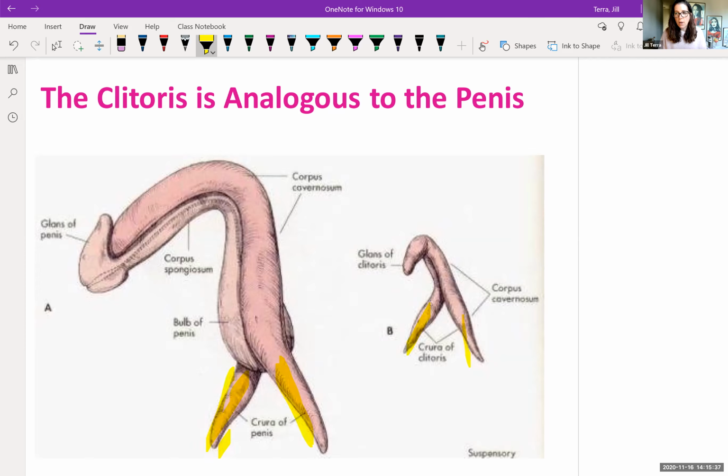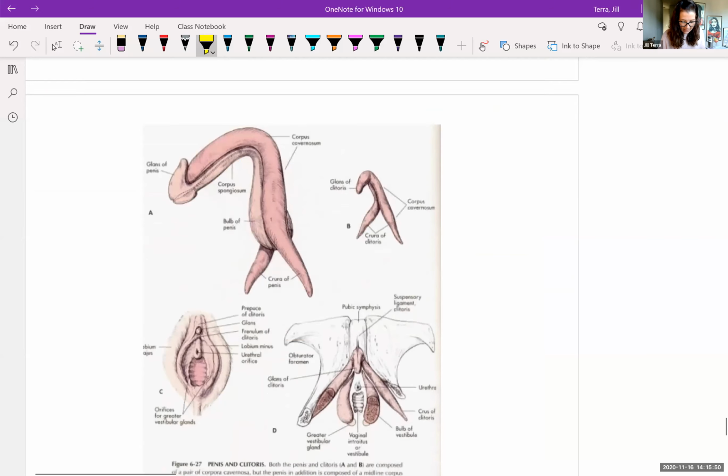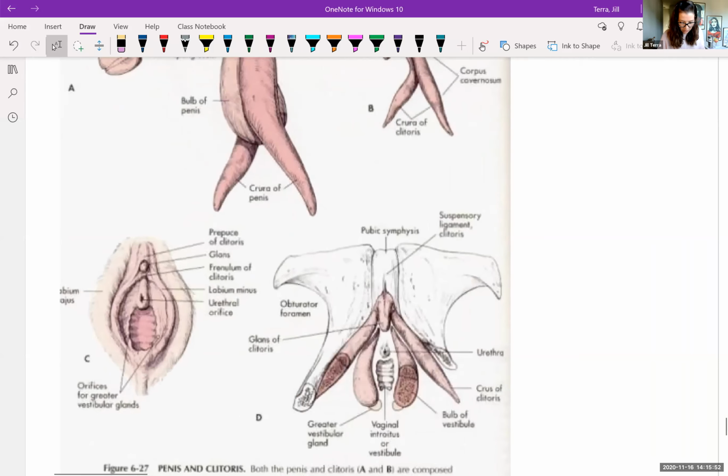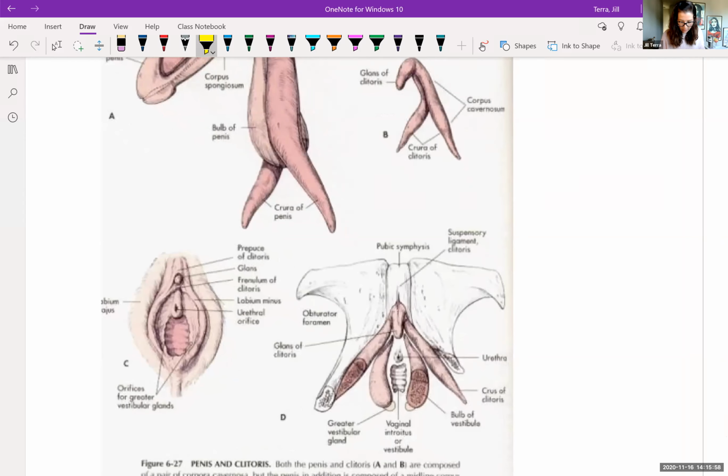So all penises start as a clitoris in fetal development. How about that? And again, here are some other shots to show you how guys have the bulb or root of the penis. Well, we have our own bulbs, our vestibular bulbs, in that vestibule region between the labia minora.